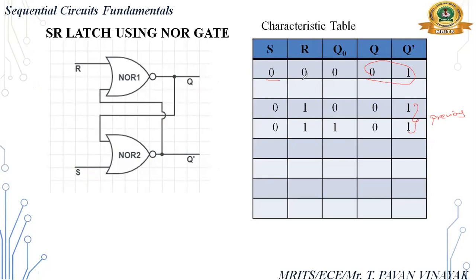Whenever S is equal to 0, R is equal to 0, we get the same previous value here. Because previously Q is 0, that value will go to here. So previous value is 0, 1. So for previous value 0, we get output 0 and 1. Once again I am saying for 0, 0, listen carefully.